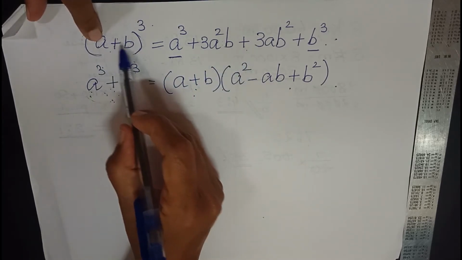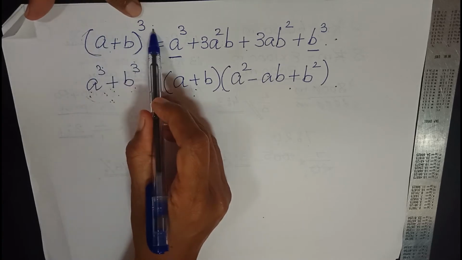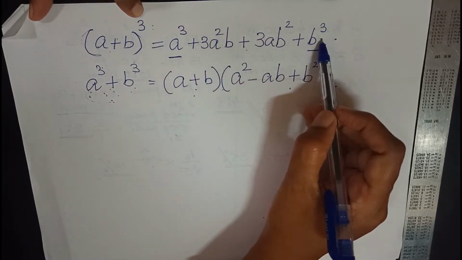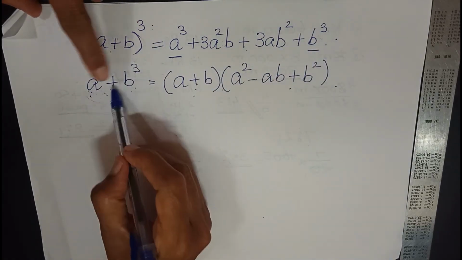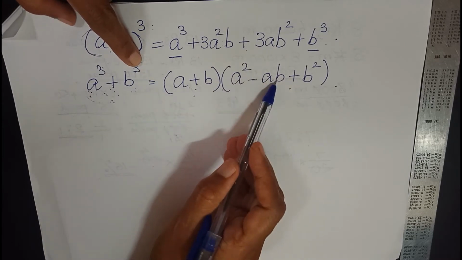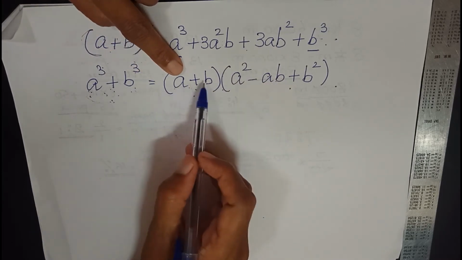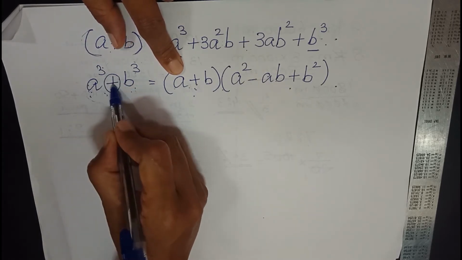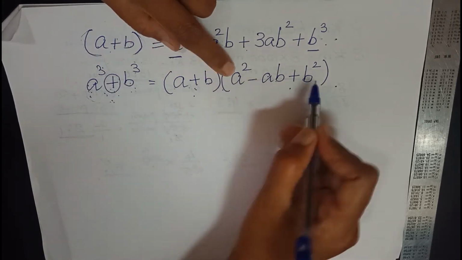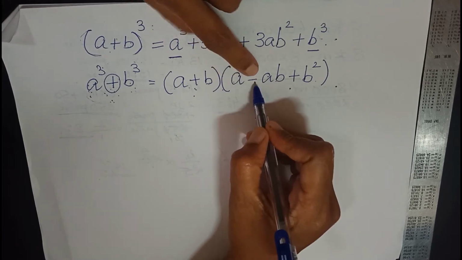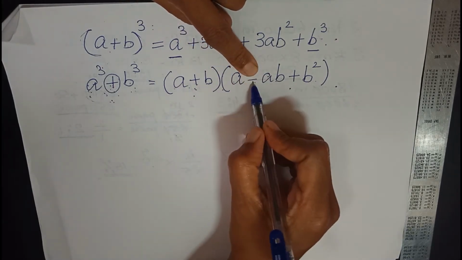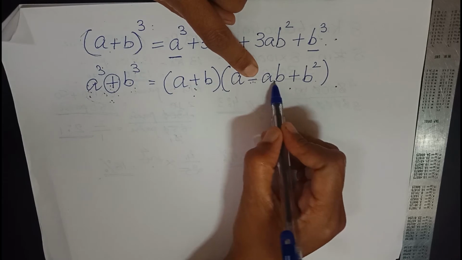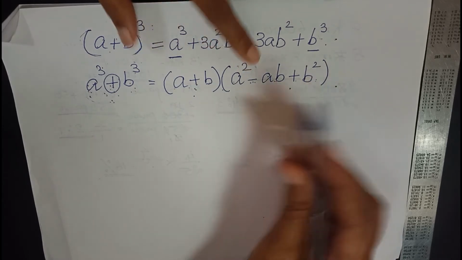We are expanding a plus b the whole raised to 3. A cube plus b cube, we are factorizing into two brackets. If there is a plus sign here, the first bracket will be a plus b. Second bracket will be a square, minus ab plus b square.